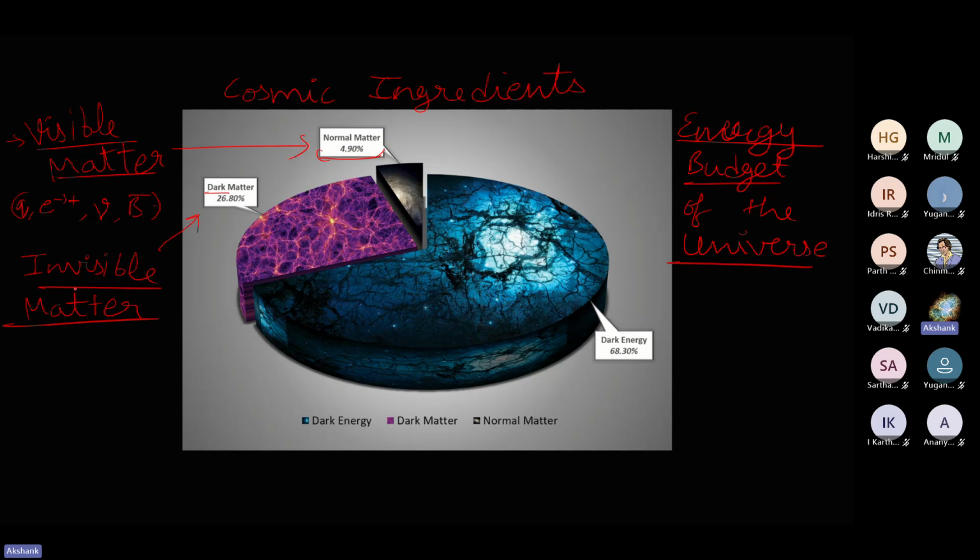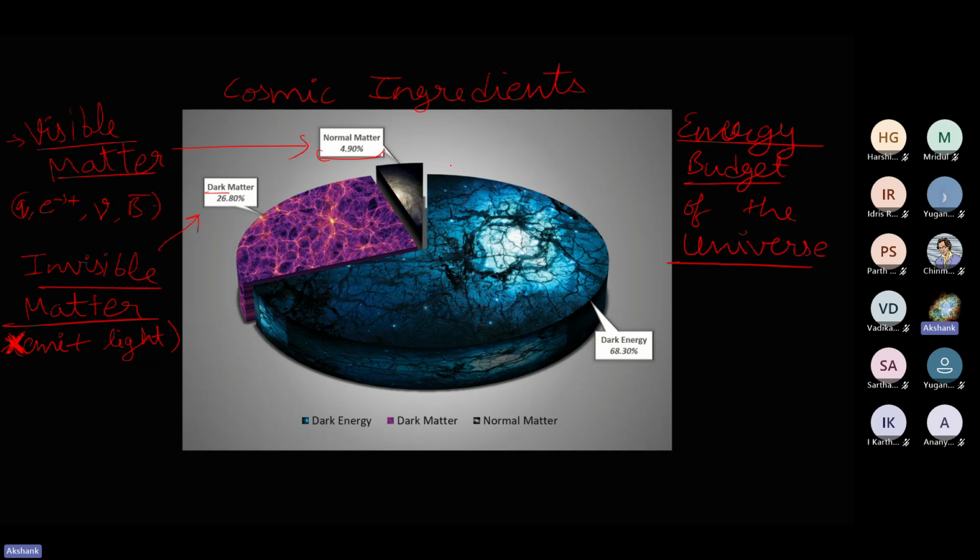It is invisible to your eyes. That means it does not emit light. Visible matter does emit light. It does have interactions with photons, but dark matter does not.